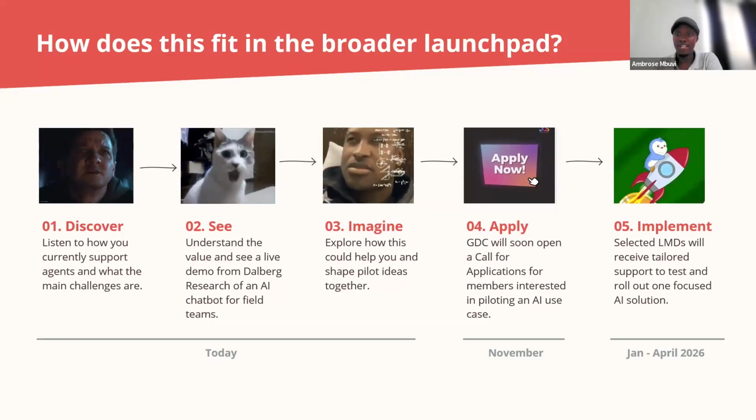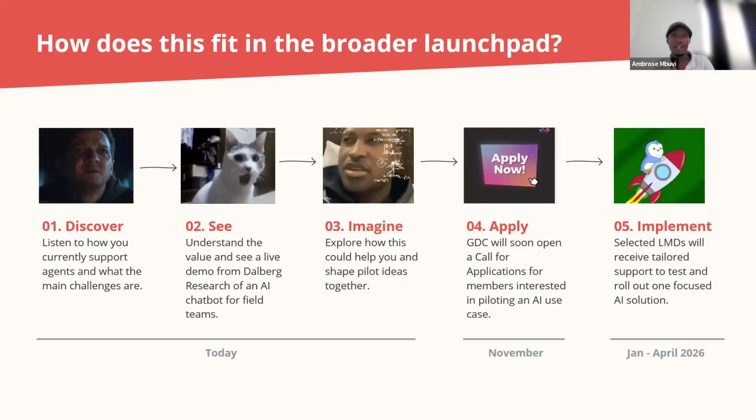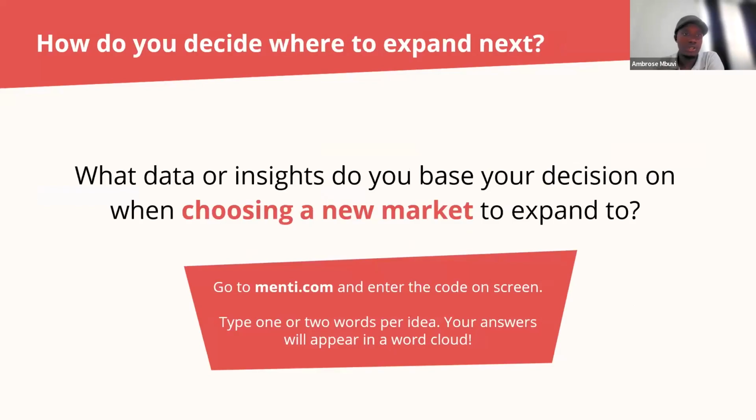And as we proceed, I would like to have a brief session where we hear from you through Mentimeter. There's a Mentimeter link that has been shared in the chat by Johan. I'd like you to share with us what data you base your decisions on when choosing a new market to expand to. Look at the different times you've been able to carry out market expansion activities.